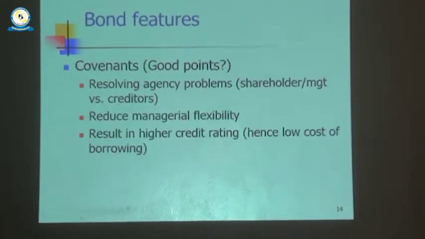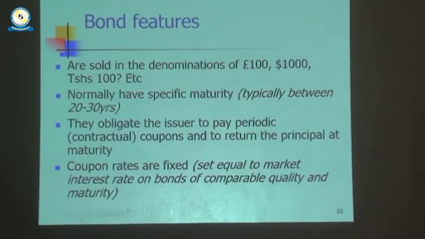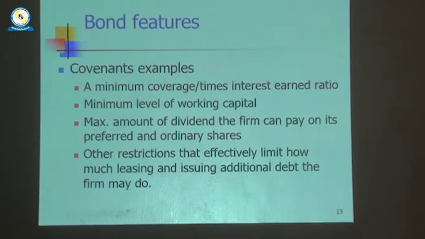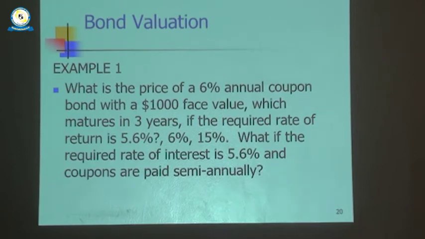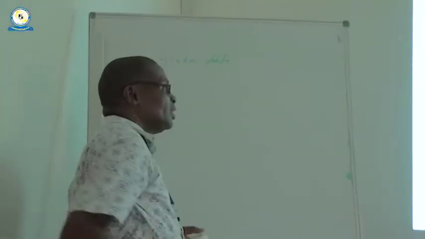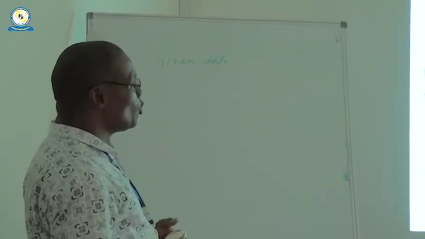When you are asked to calculate the price of the bond, for example, you are given the question: what is the price of a 6% annual coupon bond with a 1,000 US dollars face value, which matures in 3 years, if the required rate of return is 5.6% or 6% or 15%? What if the required rate of interest is 5.6% and coupons are paid semi-annually?